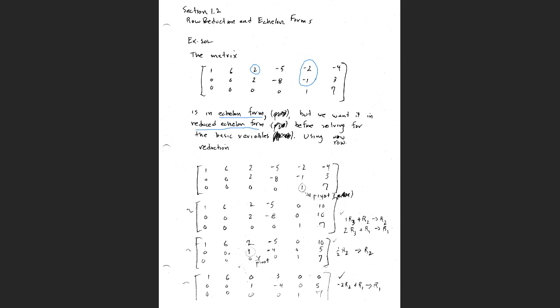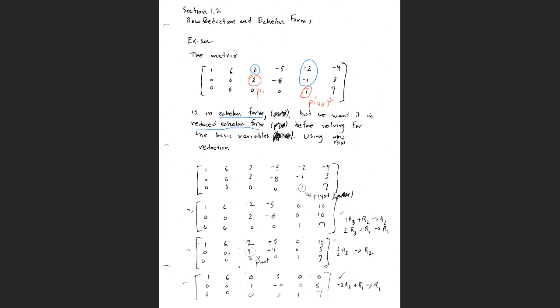You see the 1 here is a pivot. That leading 1 for that 3rd equation, that 3rd row, is a pivot. And for the 2nd equation, the 2 is the leading non-zero number.